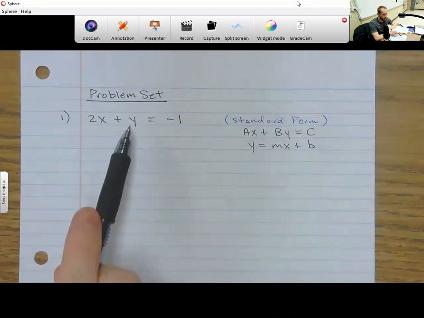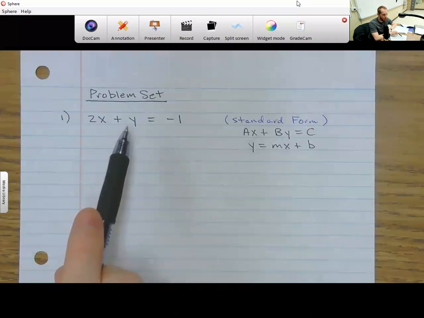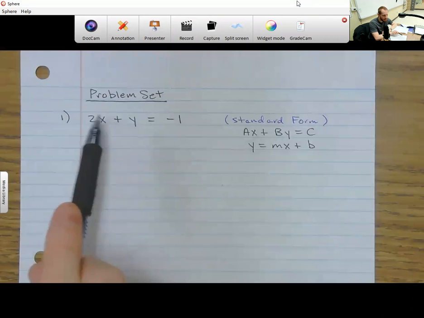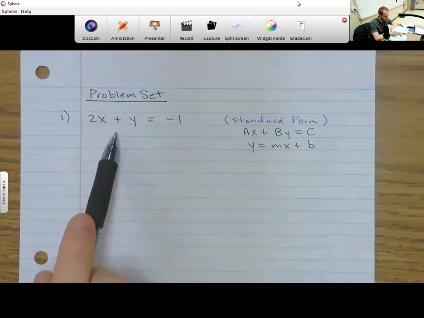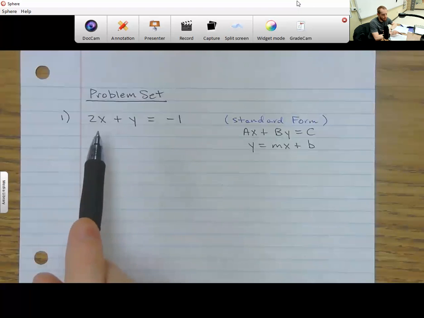I've got to get y by itself. So how do I get y by itself? I've got to get rid of everything else that's surrounding it, right? I've got to get rid of this 2x. Now the 2x is connected by addition. I can subtract 2x from both sides, and that way the y will be by itself.